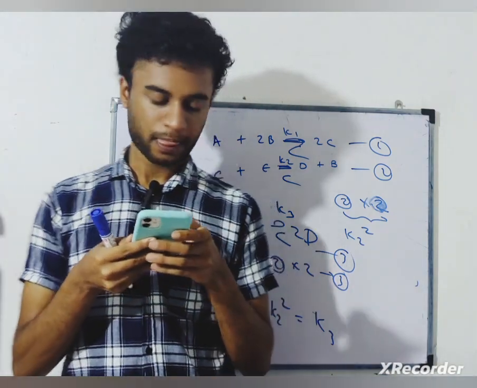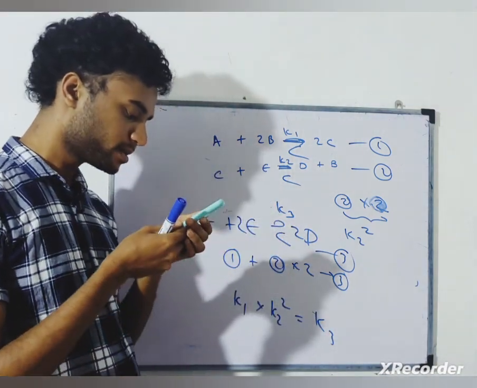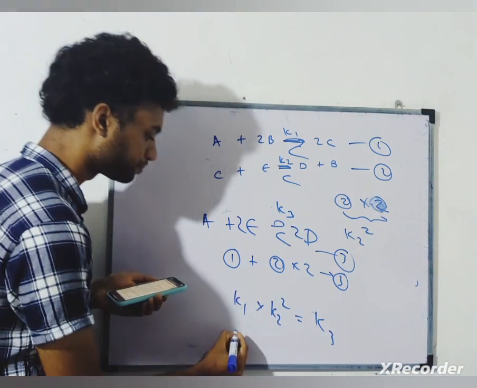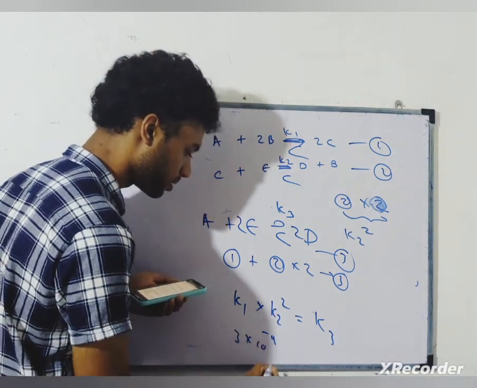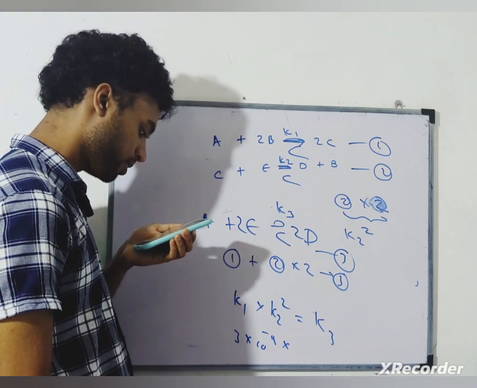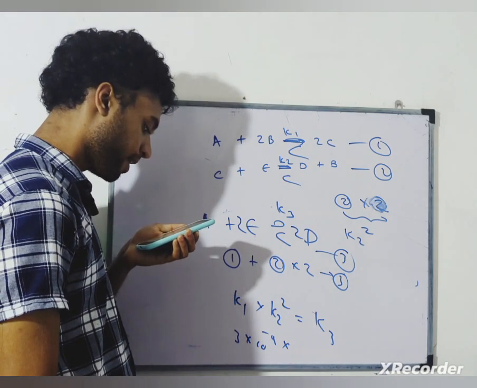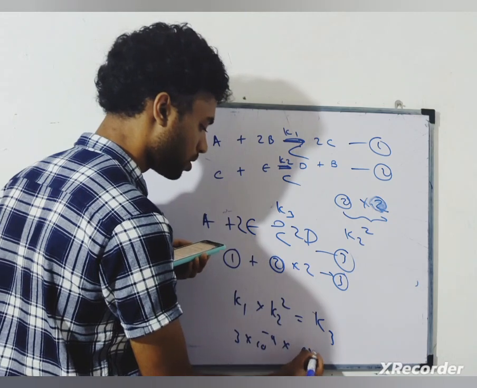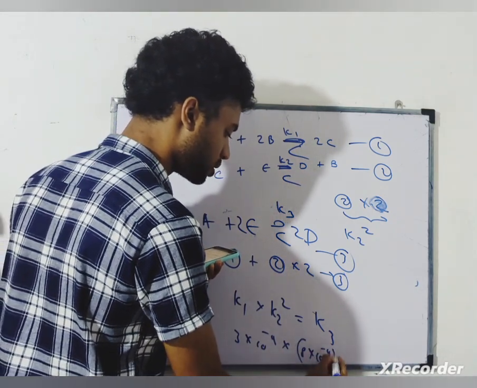So I had to multiply 3 times 10 power minus 4 by K2 squared. What is K2 squared? 8 times 10 power minus 4, to the power 2.